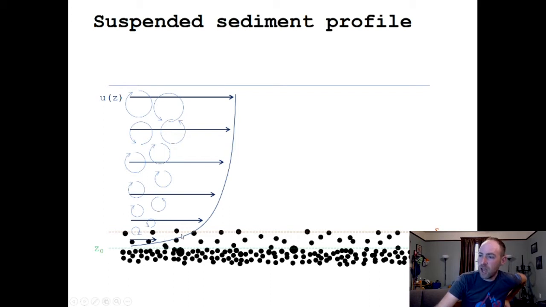In this case, as you go further away from the bed, you sort of even out your velocity profile here, right? So you have high friction at Z0, the height of the roughness on the bed, right? That's where the velocity approaches zero because of the friction at the bed.